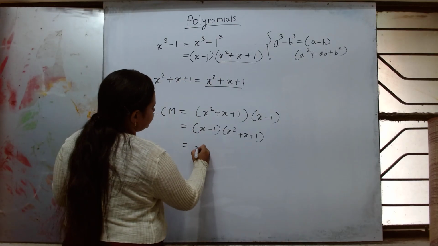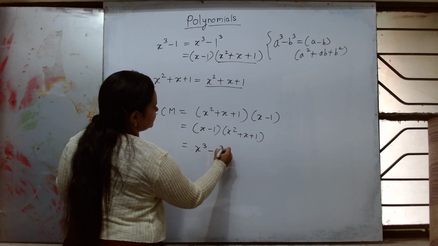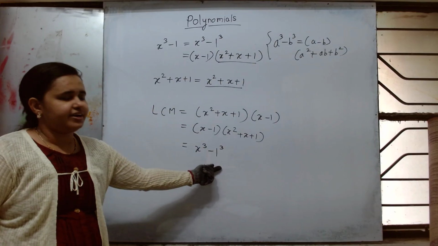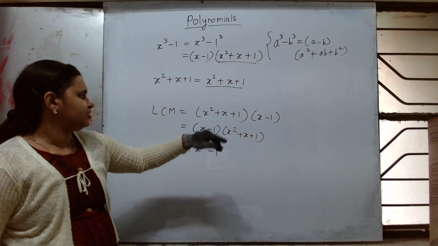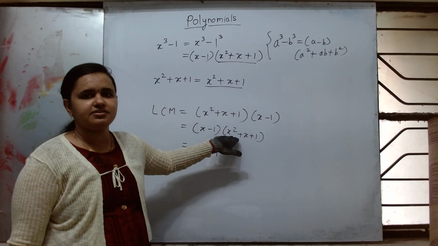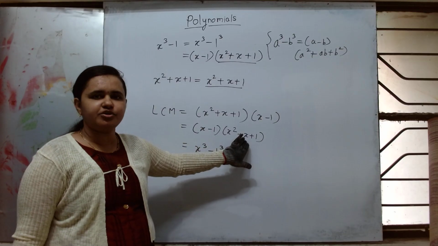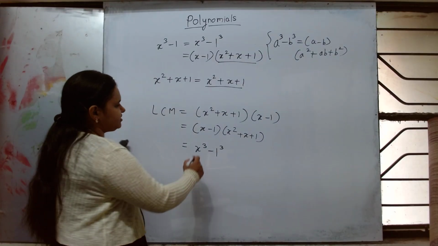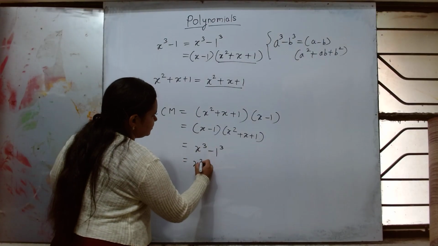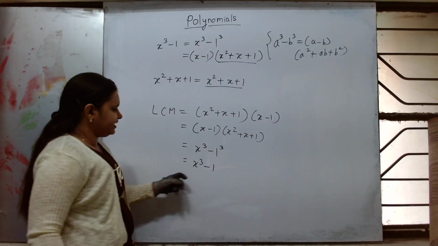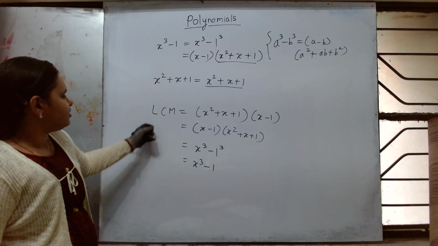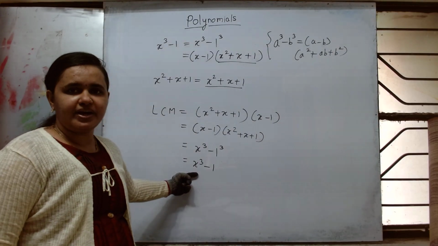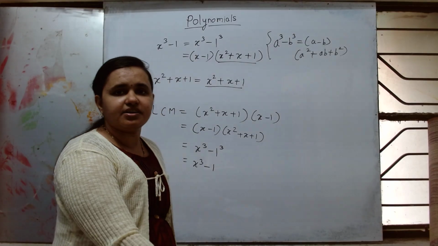This is a minus b, this is a square plus ab means x into 1 plus b square means 1 square. So it is x cube minus 1 cube, which will be x cube minus 1. So we have got the LCM as x cube minus 1. So the option is the third one.